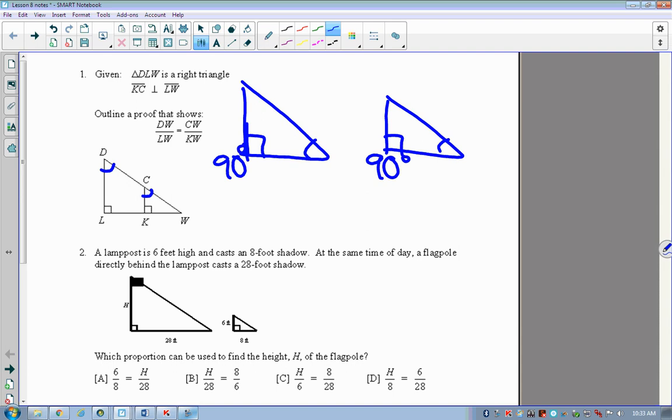All right, do you understand what I mean whenever I say that angle W is congruent to angle W? You notice how both triangles share angle W, right? So it really doesn't matter what it is. They share it. It's the same in both, correct? That's what we call the reflexive axiom. Okay, whenever angle W is equal to angle W, reflexive axiom.